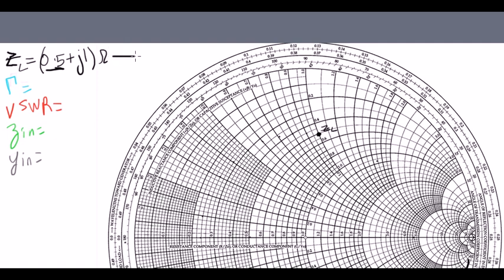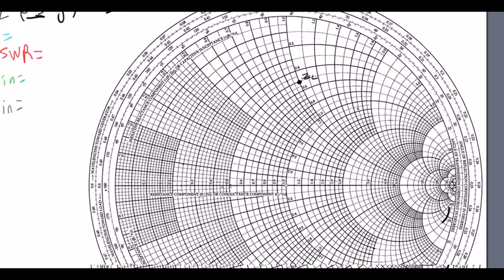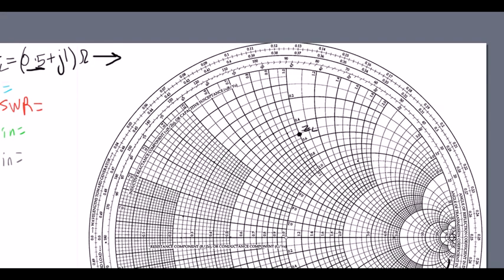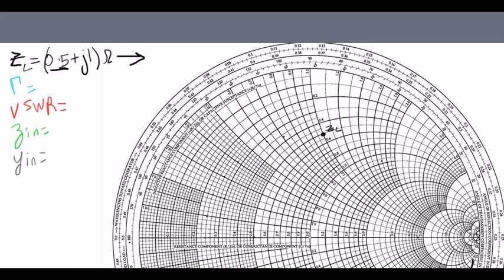Now that we've drawn the normalized load impedance, we go into the reflection coefficient. Now the reflection coefficient obviously has an angle and a magnitude in polar form. This is where you get the angle of the reflection, as I mentioned earlier. So starting from the origin, I'm going to try to draw a straight line. I don't have a ruler for this.